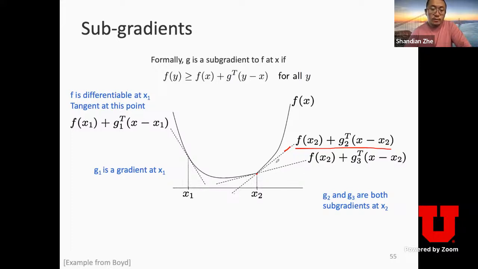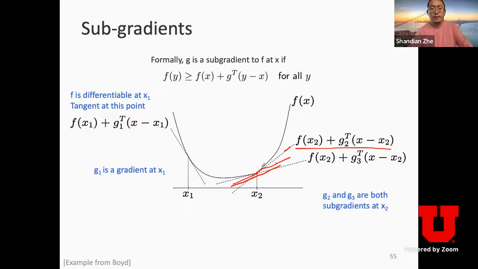Actually, there are infinitely many such lines, and all of those lines pass through x2, f of x2, and stay below the entire body of f. So we can choose an arbitrary subtangent line here and use its slope as our subgradient.